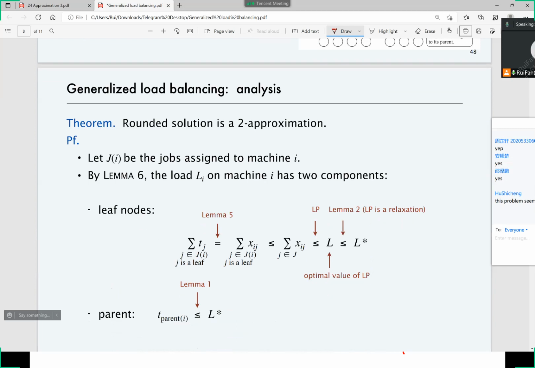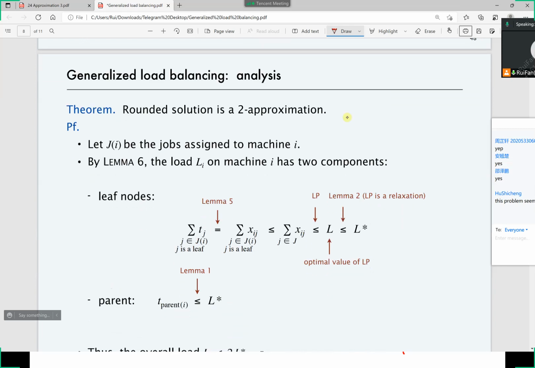Now we can put everything together and do our two approximation. For each machine i, let J_i be the set of jobs which are assigned to this machine. By the previous lemma, if you look at the load on this machine, it's got two parts. Some of the job nodes assigned to it are leaf nodes, and some are not.